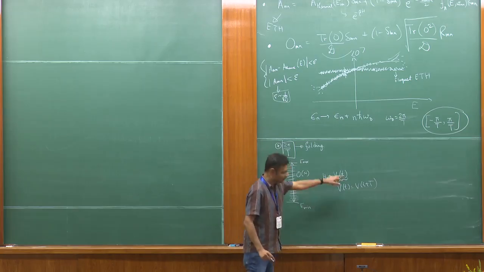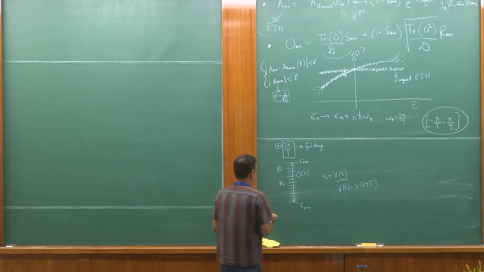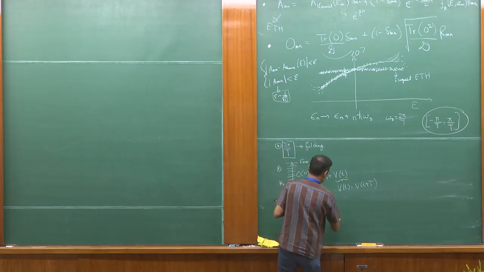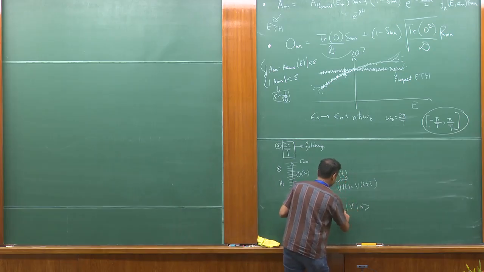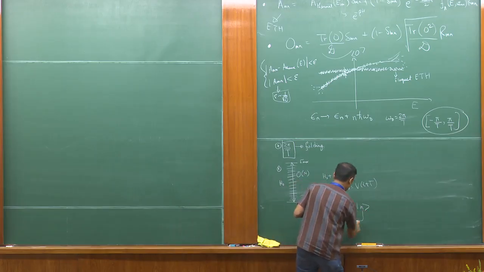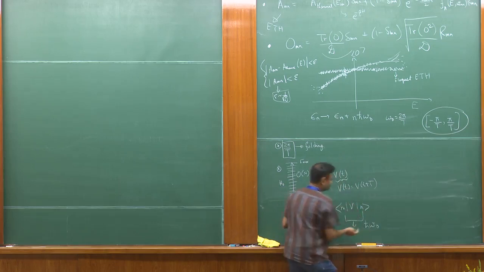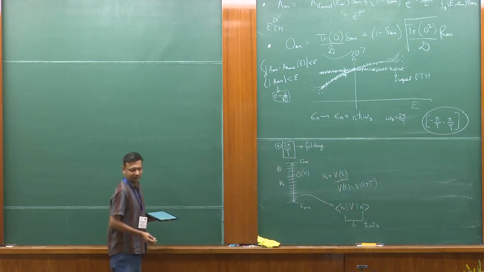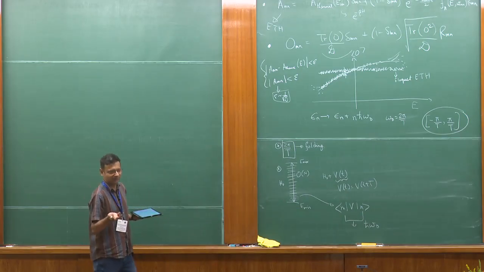Because this is a periodic drive, what will happen is that you will in fact start coupling states which are separated in this energy, right? This is basically how you even think of Fermi golden rule, for example, right?